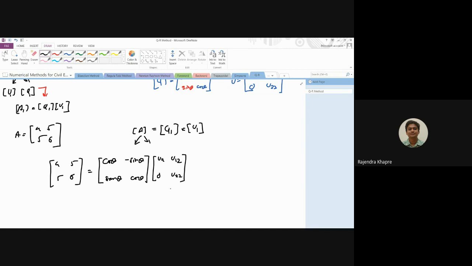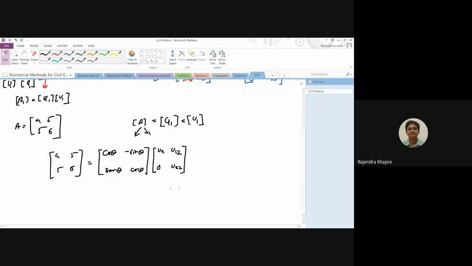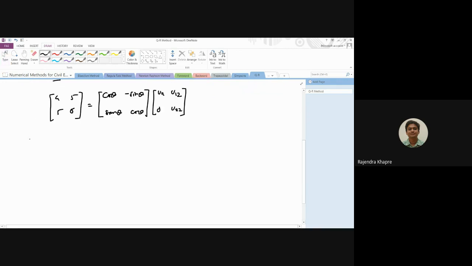Okay. So let us try to find out these unknowns. I'm going to write down the equations one by one. The first equation which I can generate is 4 equals U11 cos of theta minus sine of theta into 0. Correct? Then the second equation, first row and second column, is 5 equals U12 cos of theta minus U22 into sine of theta.